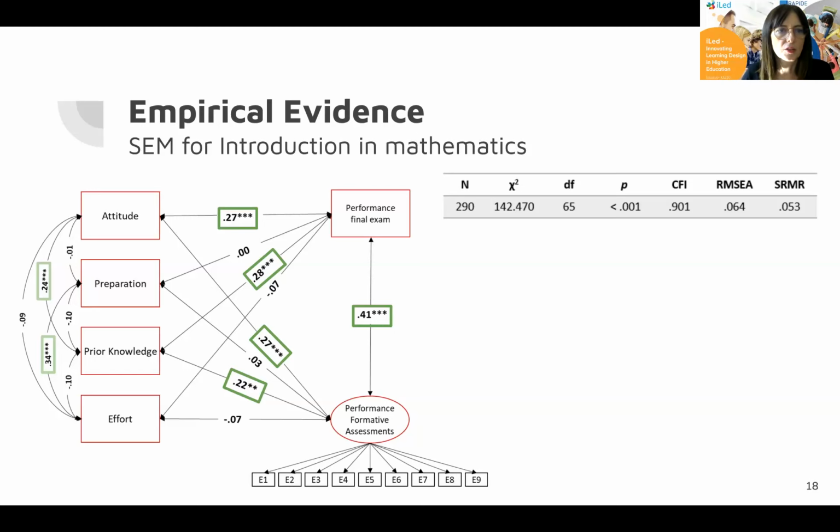In your model, effort and preparation actually didn't imply any effect on performance, or only a small effect. We have very minimal variation. All students put in a lot of effort and a lot of preparation, so we don't have that much variation. That's a problem that we have a lot in this context, especially in higher education. We see that when it comes to conscientiousness, there is no variation. All are at the top.